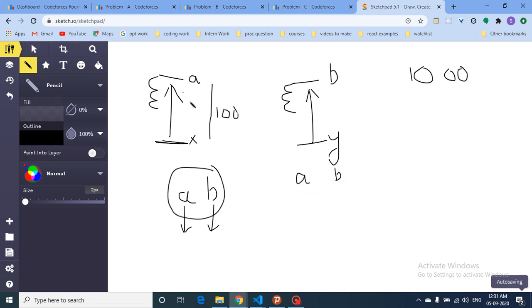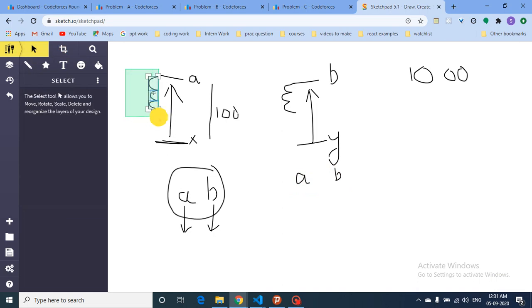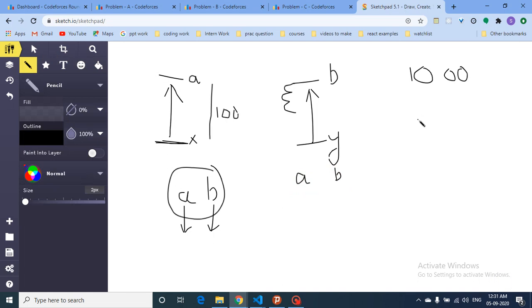Now let's take an example. I will take b and a, and let's assume n. My first case is to decrease a to its full extent using this n. There can be some cases in which a is 1000, a very large number, and n is only 100.